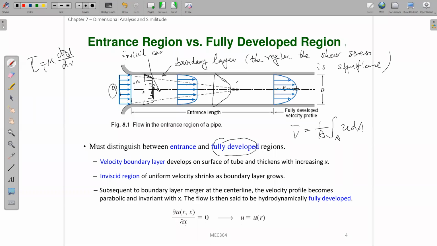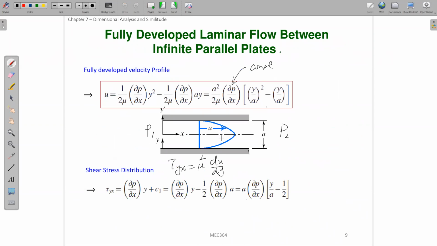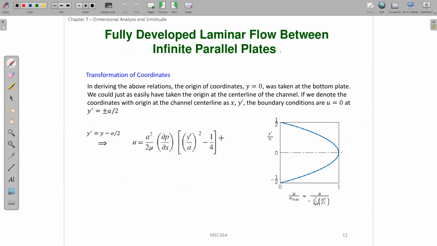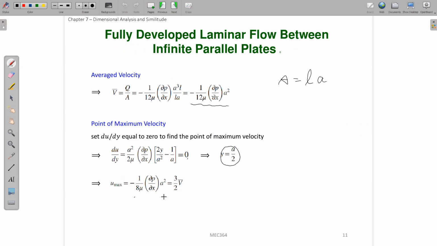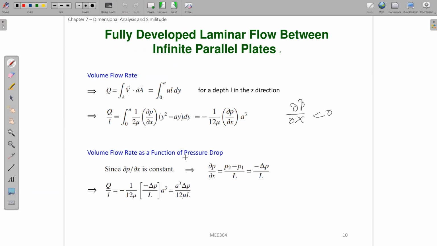This is the length where the flow has the maximum velocity, so this length should be 3 over 2 times this length, because this is V bar. And this is the maximum u max for fully developed flow. So you find that u max will be 3 over 2 times V bar, okay? And so this is all the result we get, okay?